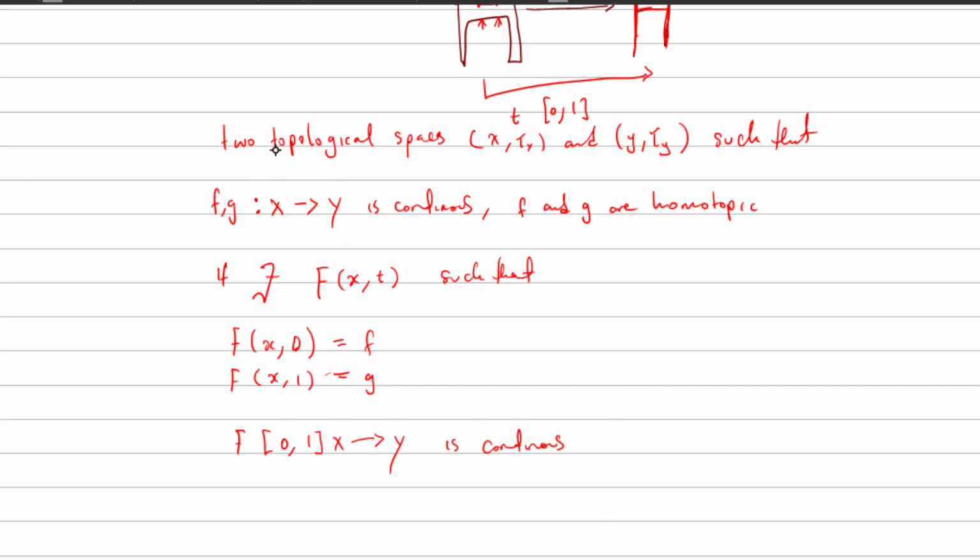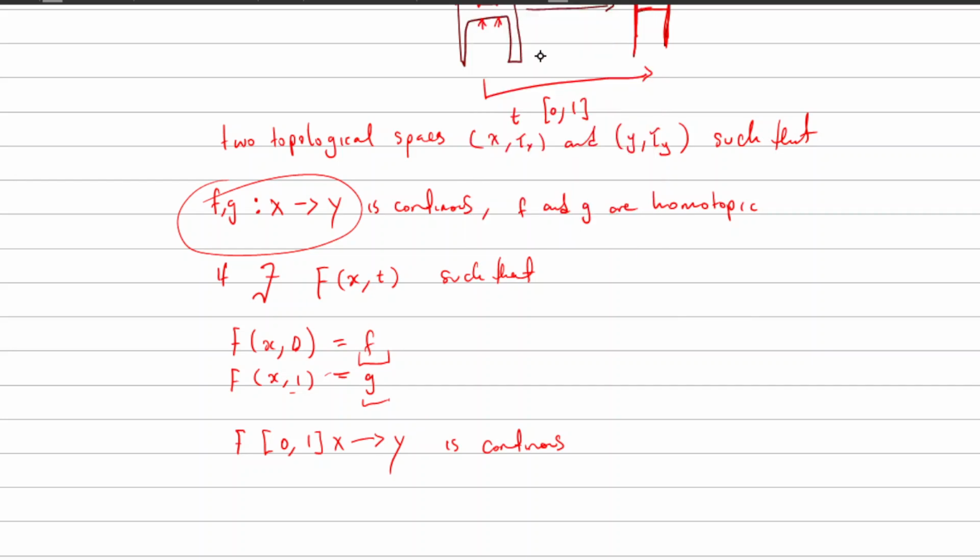Two spaces (X, tau of X) and (Y, tau of Y), such that the mappings f and g from X to Y are continuous, are homotopic if there exists some function governing this transformation, such that the function at time 0 gives the function f, and at time 1 we get the function g, and throughout this process from time 0 to time 1, the transformation is continuous.